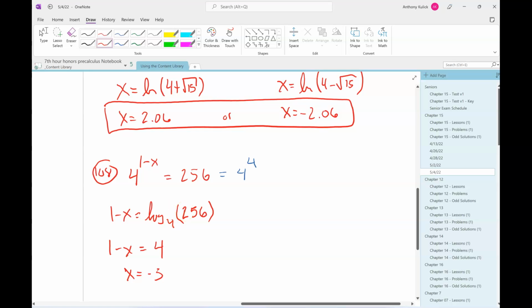Jacob, when you went the other way and found that the exponents are equal, you just do 1 minus 3 equals 4, then you go straight to this step. Yep. I mean, I know that because I know 2 to the 8th is 256.